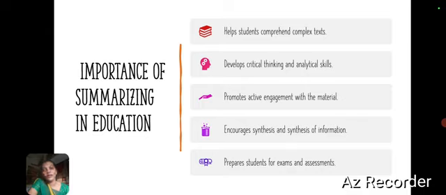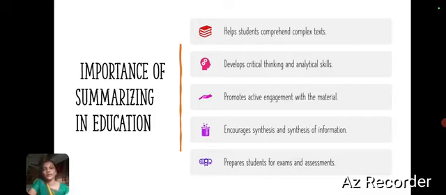So in education, why is summarizing important? Because it helps students comprehend complex text. If it's hard for them to understand, we can note it down in small points and make it easy to understand everything. It develops critical thinking and analytical skills. It promotes active engagement because we are taking notes while listening or reading.